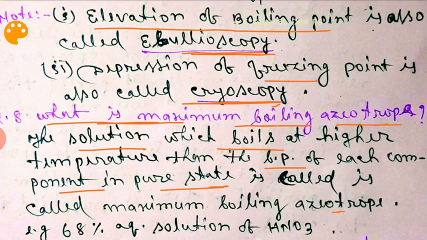Means the boiling point of the solution is more than the boiling point of solute and the boiling point of solvent. For example, a 68% aqueous solution of nitric acid. In detail you have read in negative and positive deviation also.